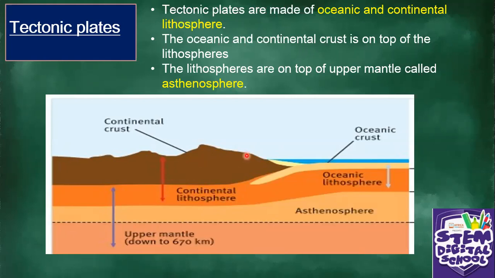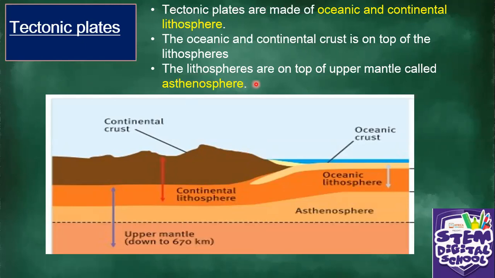So here is the tectonic plate on top. The oceanic and continental crust is on top of the lithospheres. You can see from the diagram. So we have the lithosphere below the crust. On the crust, that's where we find the plates.